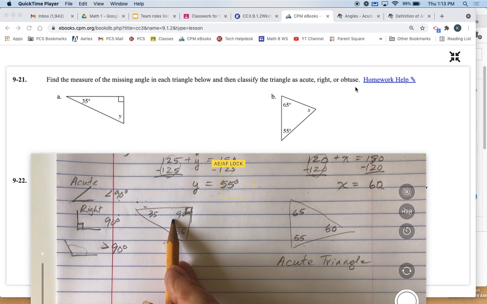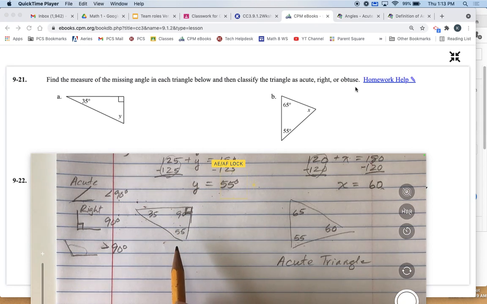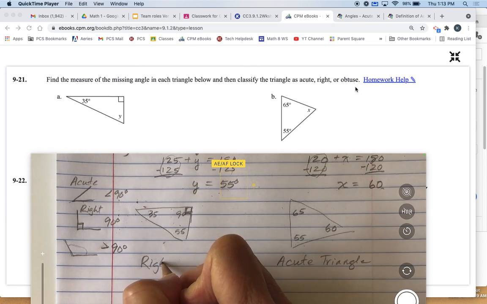This is going to be a right triangle. And the other two angles are also acute, so we know it can't be an obtuse triangle. So to be an obtuse triangle, at least one of these three angles would have to be larger than 90 degrees, and they aren't. So this one is a right triangle.